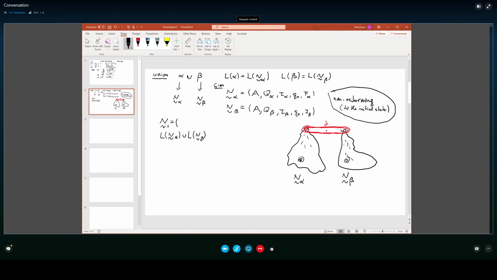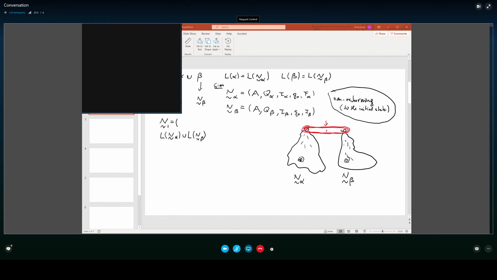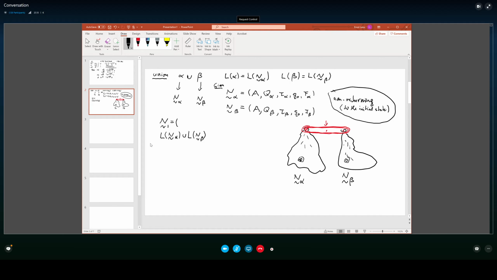But it is an important aspect because the constructions that I'm going to give you for union, concatenation, and star actually can be applied to any non-deterministic finite automata as long as they have certain properties.